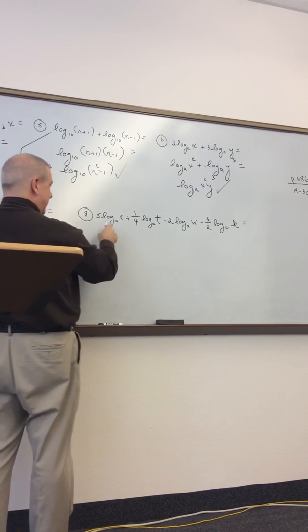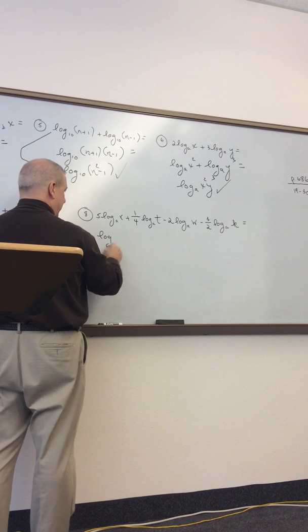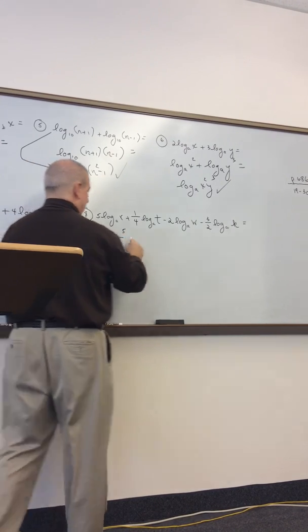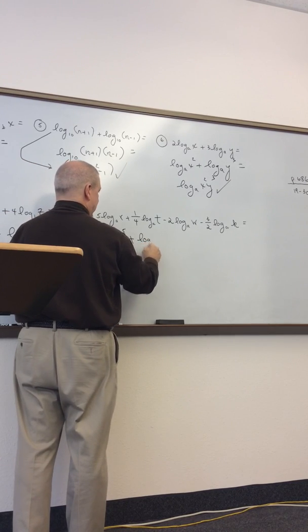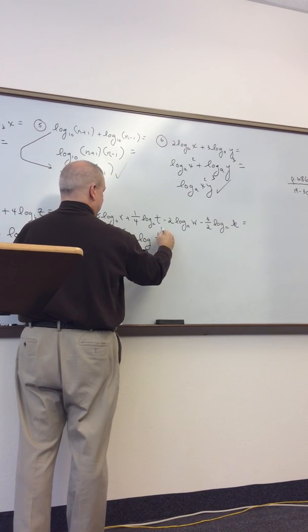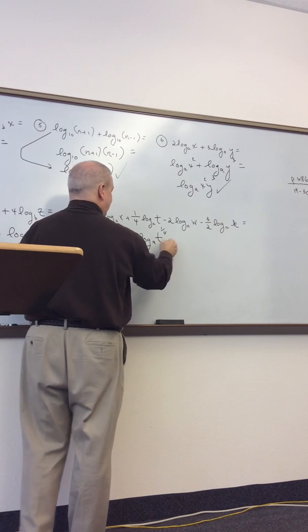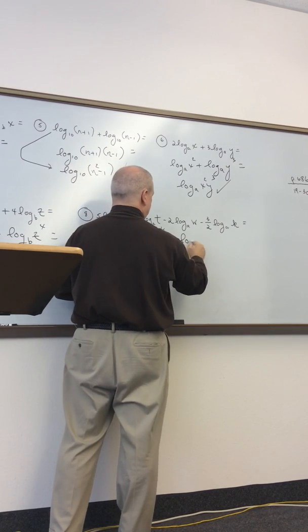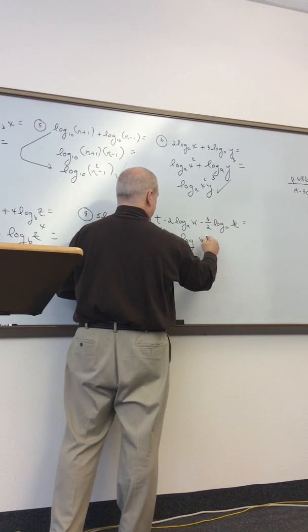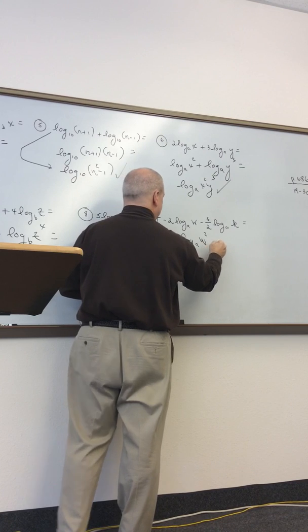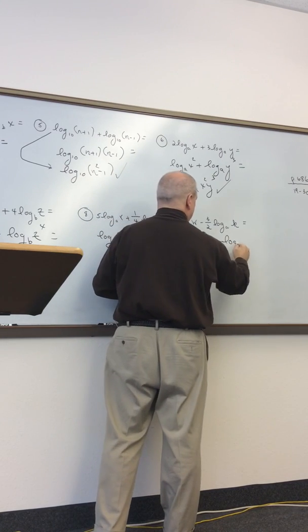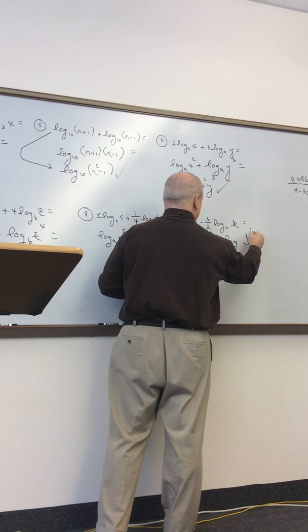Carson, what's this? Log r to the 5th to the base a plus log of t to the 1/4 base a minus log w squared to the base a. Watch this. Minus log k to the 3/2 to the base a.